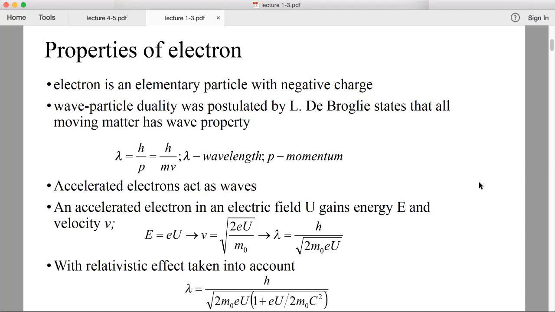And if you take into account the relativistic effect, then you will have another additional term coming into play, which I'm not going to go into detail today. Right, so these are very basic properties of the electron.